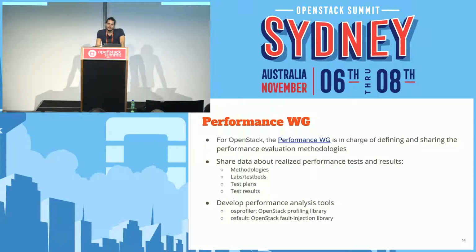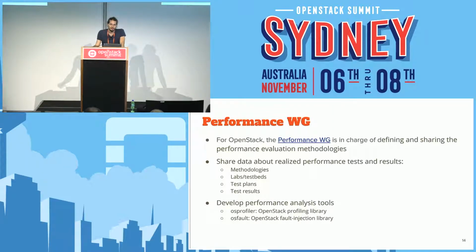In OpenStack, there is the performance working group, which is in charge of defining and sharing information about performance evaluation methodologies. They share not only methodologies, but the labs and test beds that have been used, the test plans, and the results.